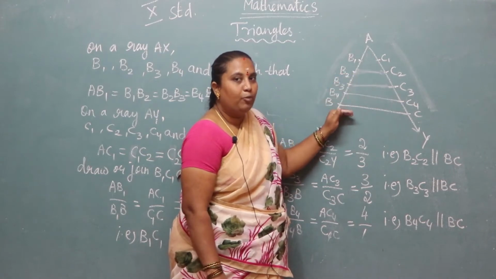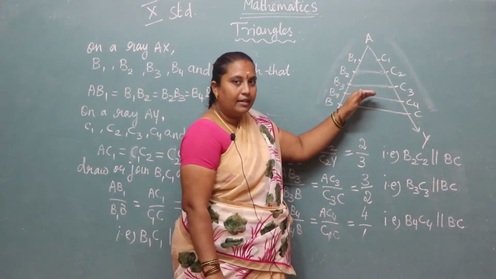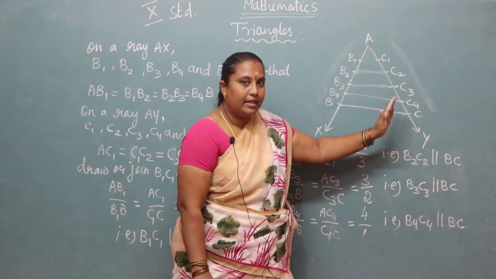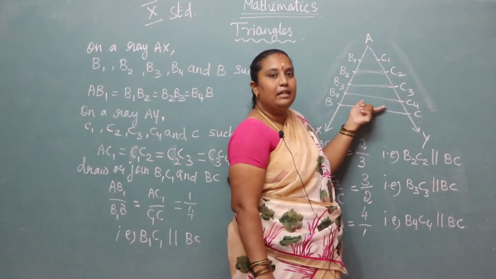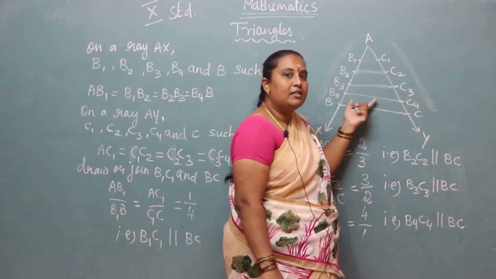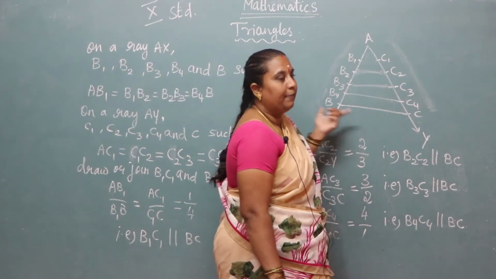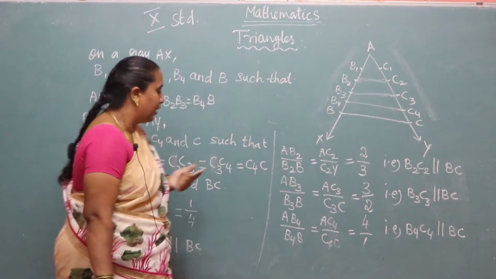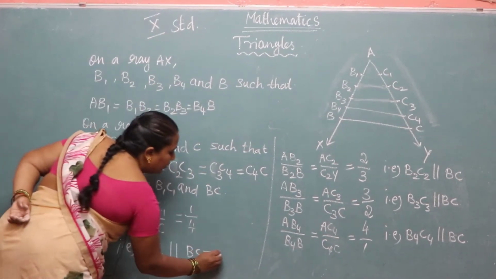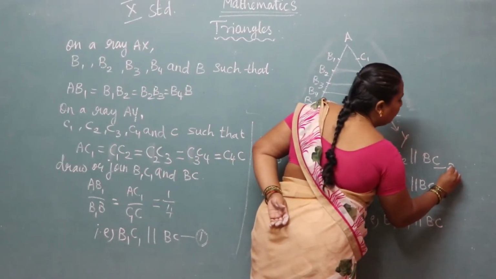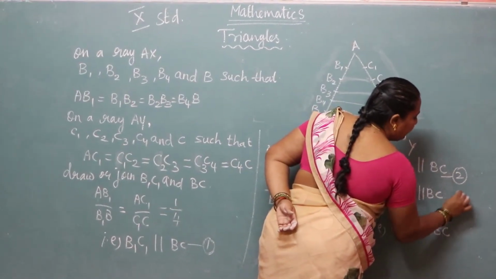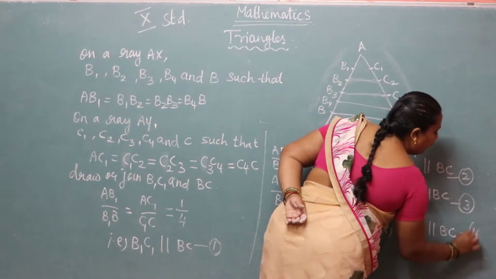We are taking 4 points on an angle, that is 2 rays we are taking. In these 2 rays we are drawing point by point a line. So here these lines are parallel to BC. So from this we can conclude, see, this one we should take equation 1, and this is equation 2, equation 3 and equation 4.